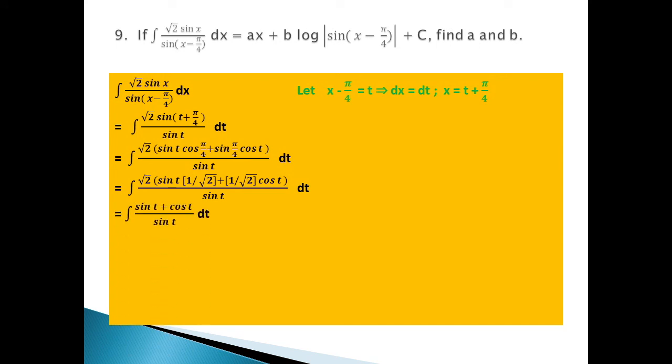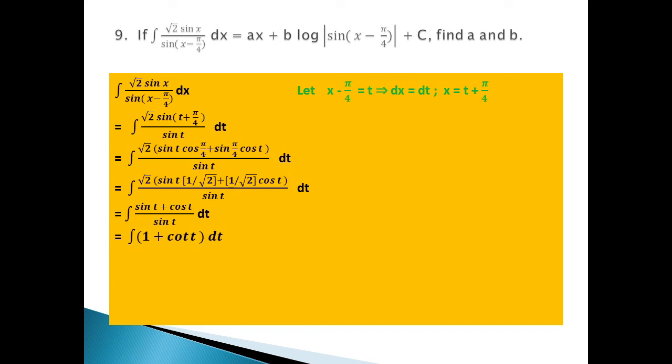And then in the next step, I have taken my root 2 inside. When you do that, root 2 throughout gets cancelled off and you are left with only sine t plus cos t whole upon sine t. And now I have split this up. Sine t upon sine t gives me 1 and cos t upon sine t gives me cot t.